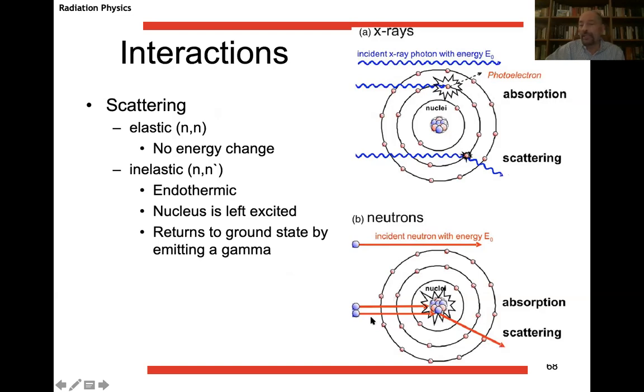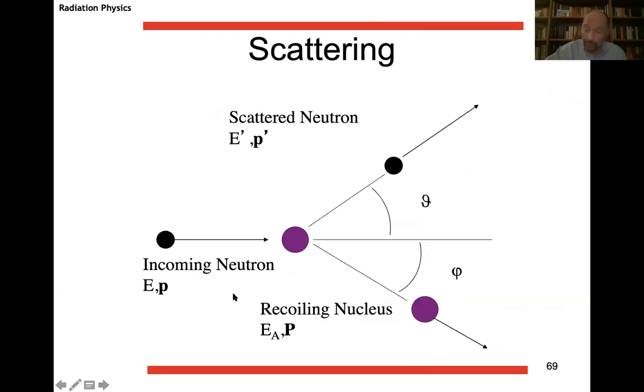One can be the inelastic scattering, which can be endothermic, so the nucleus is left excited and returns to the ground state by emitting gamma rays, like an atom, if you want. But you can also have absorption of neutrons. This happens when the neutrons have low energy, and then it can absorb, and this can cause the fission of the heavy nucleus that absorbs this thermal neutron.